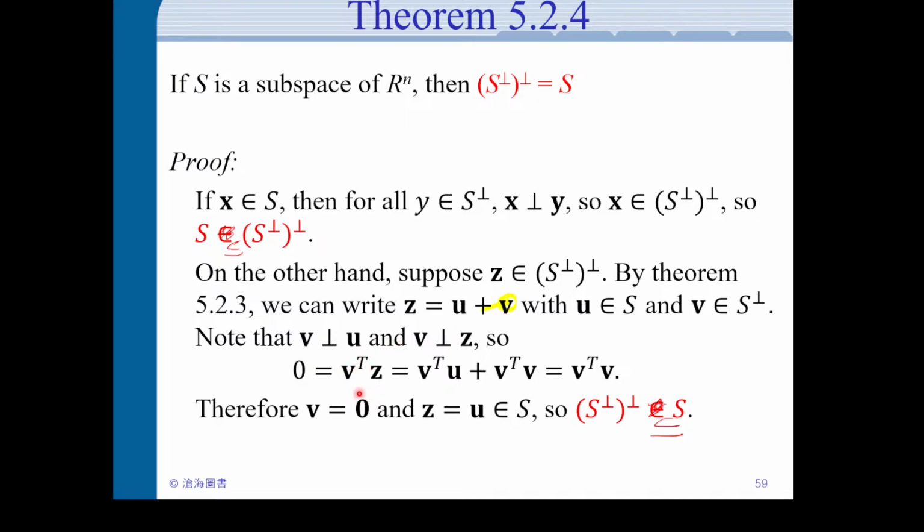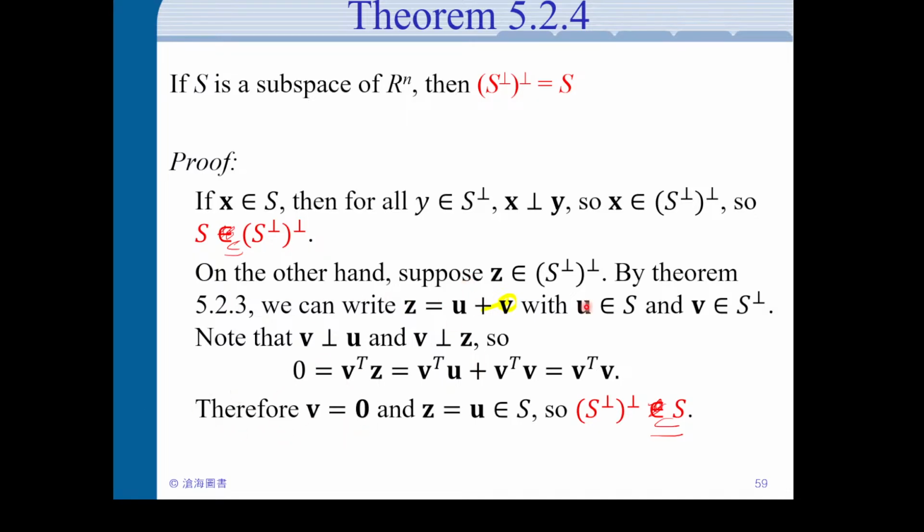Then V inner product with Z will become 0 because they are perpendicular, and then we write Z as a linear combination. So this is V inner product with U plus V inner product with V, and once again V inner product with U is 0 because of this, so this is V inner product with V. So we see V inner product with V equals 0. So finally we get V equal to 0.